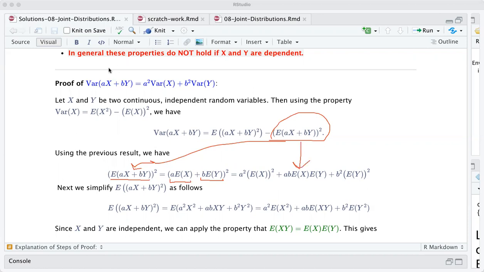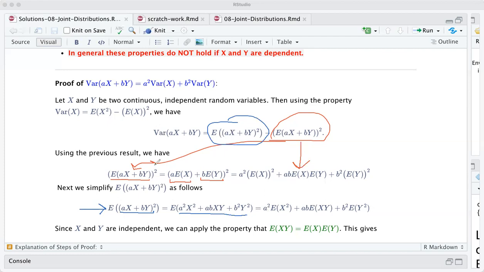Let's next take a look at the first term over here. Let's simplify that. What I have now is ax plus by squared on the inside of the expected value. Let me first square this expression, and that gives me a squared times x squared plus ab xy plus b squared y squared.